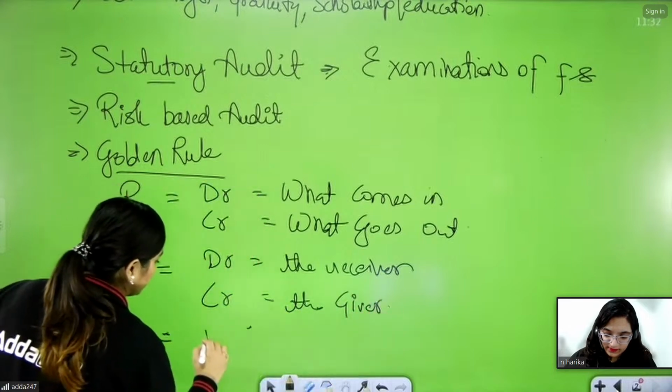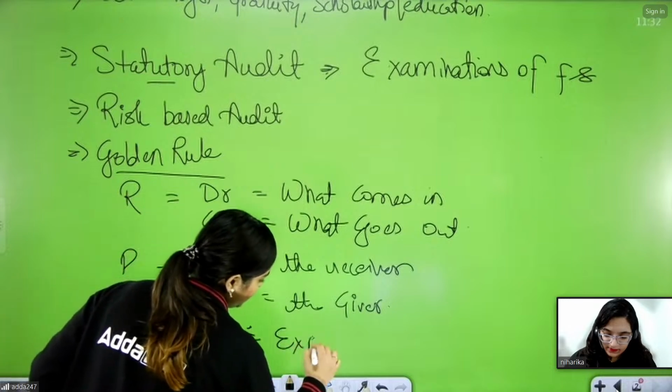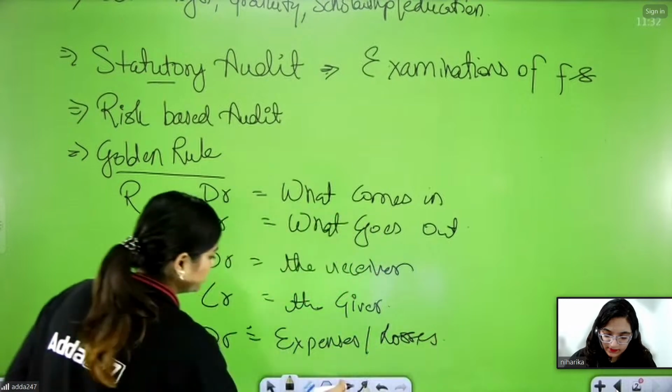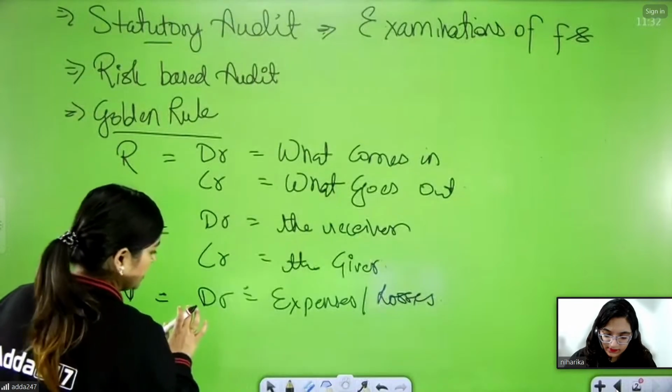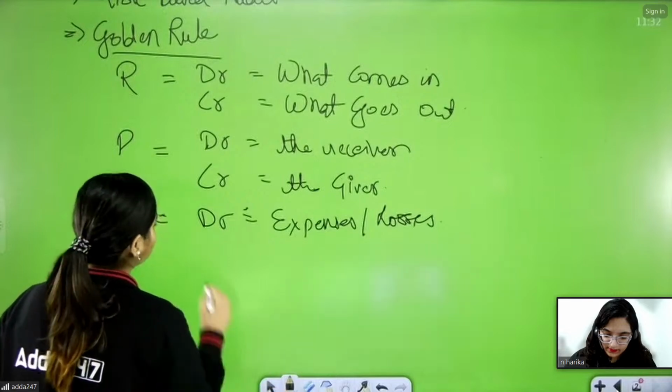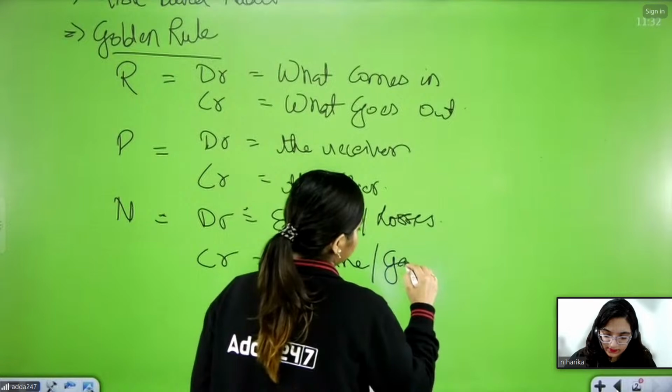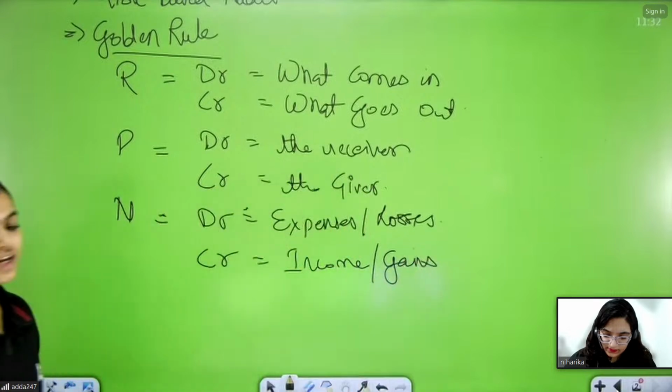In the nominal, debit equals expenses and losses. For nominal credit, all your income and gains. So this is your golden rule classification.